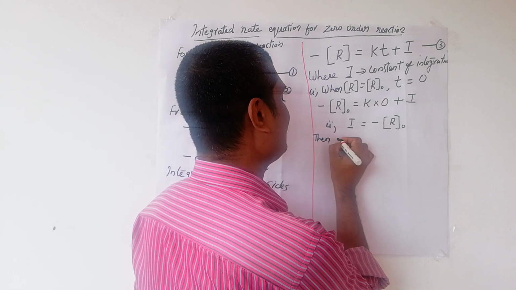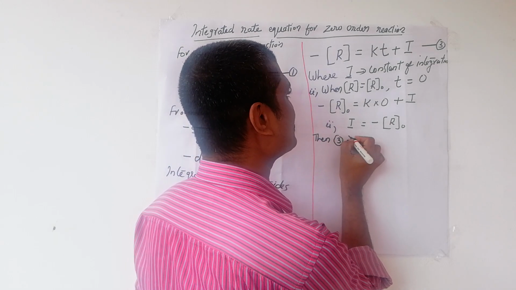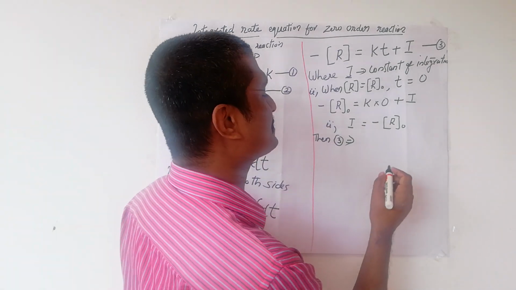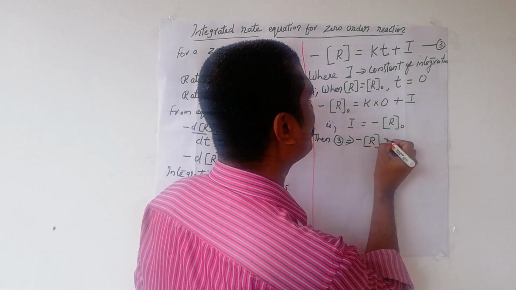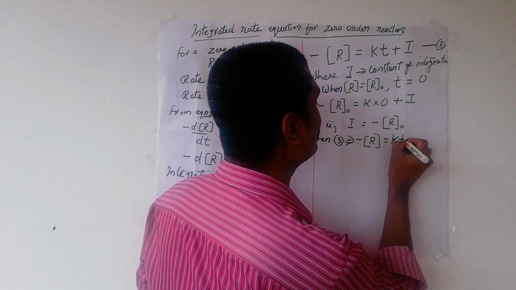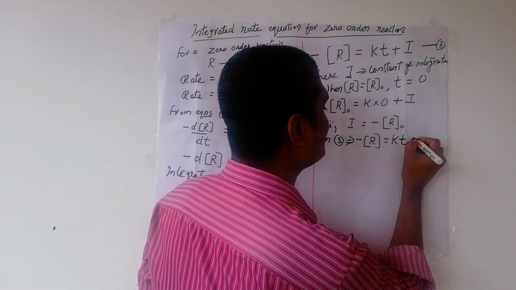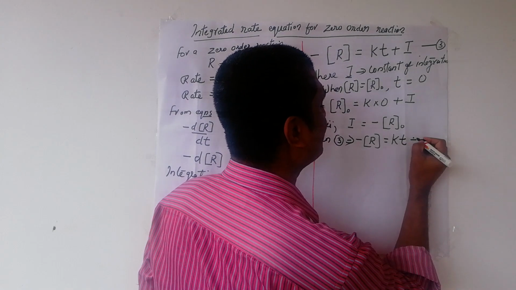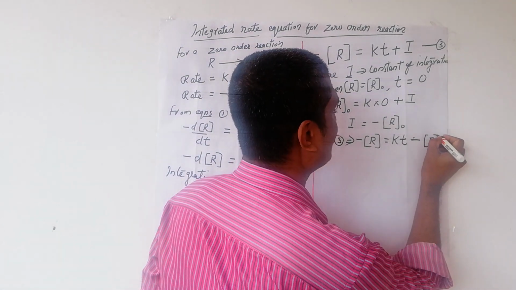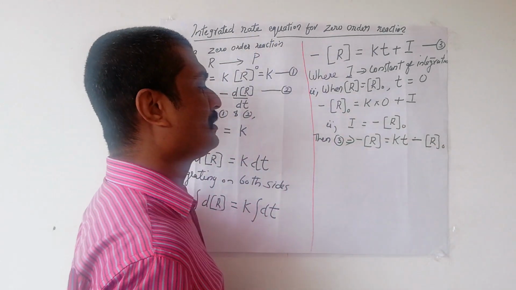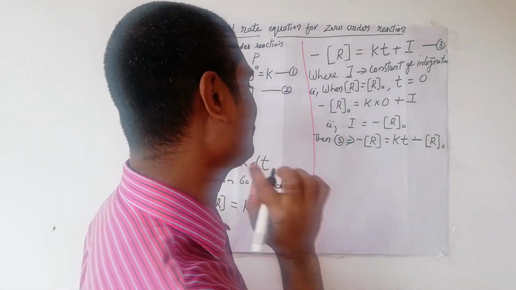Then equation 3 becomes minus R is equal to K into t minus R0.